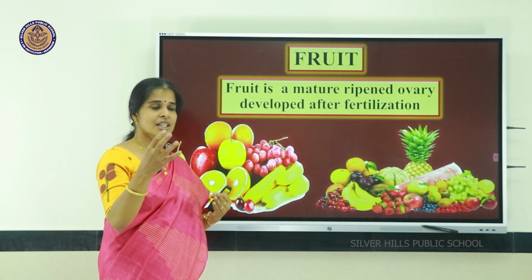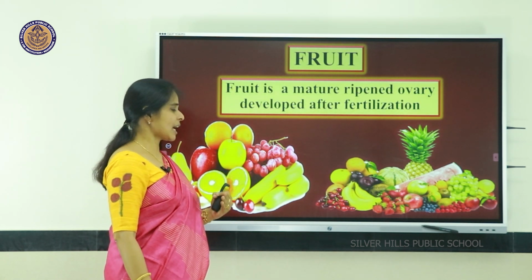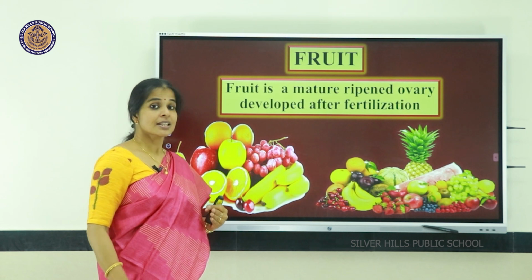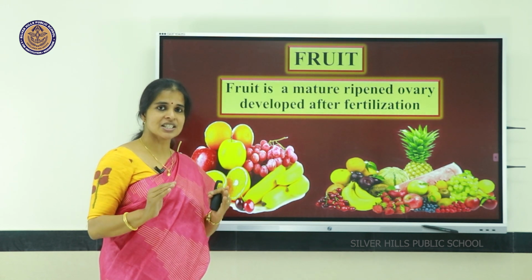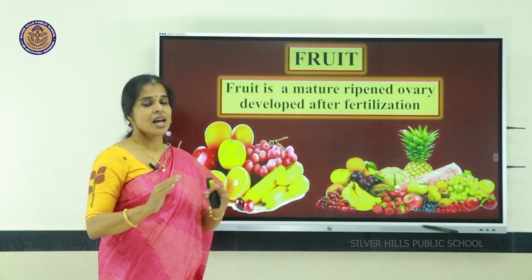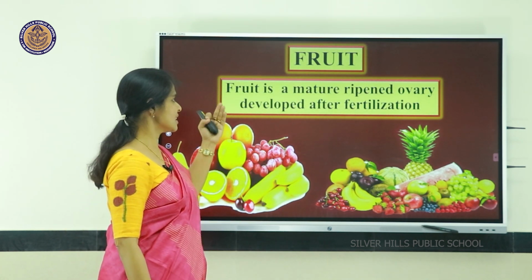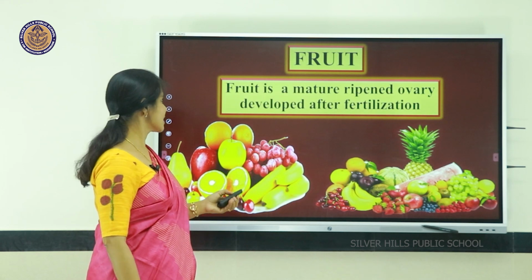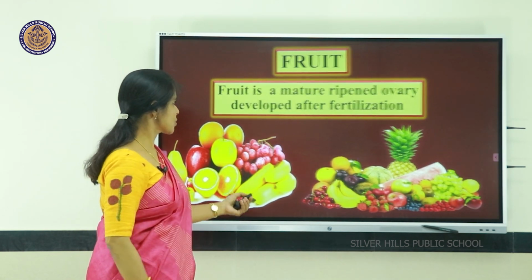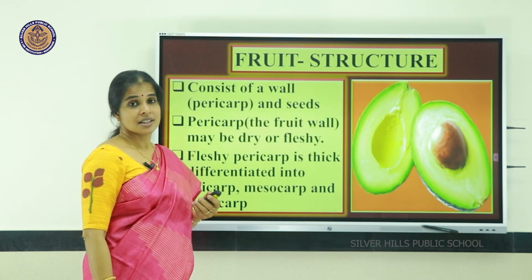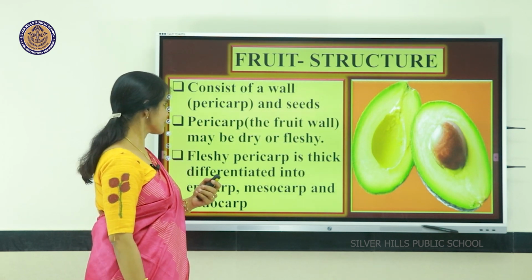So, what is a fruit? It is the mature ripened ovary. The changes taking place post fertilization, the ovary ripening and developing, we call it the fruit. Next, what is the structure of the fruit?